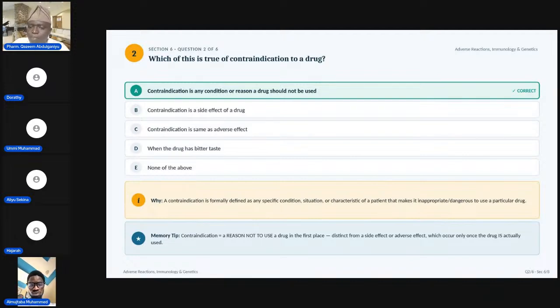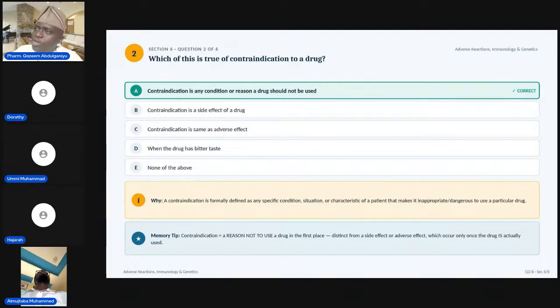Maybe the patient is pregnant or young, then this drug can cause problems. Or the patient has a liver problem, so if you give them this drug, it is also going to cause problems. As a result, contraindication is any condition or reason a drug should not be used.